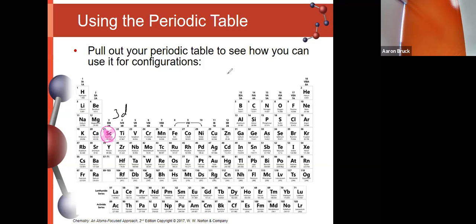So for orbital notation, I need to draw either a series of boxes or a series of underlines to represent those orbitals that precede it.